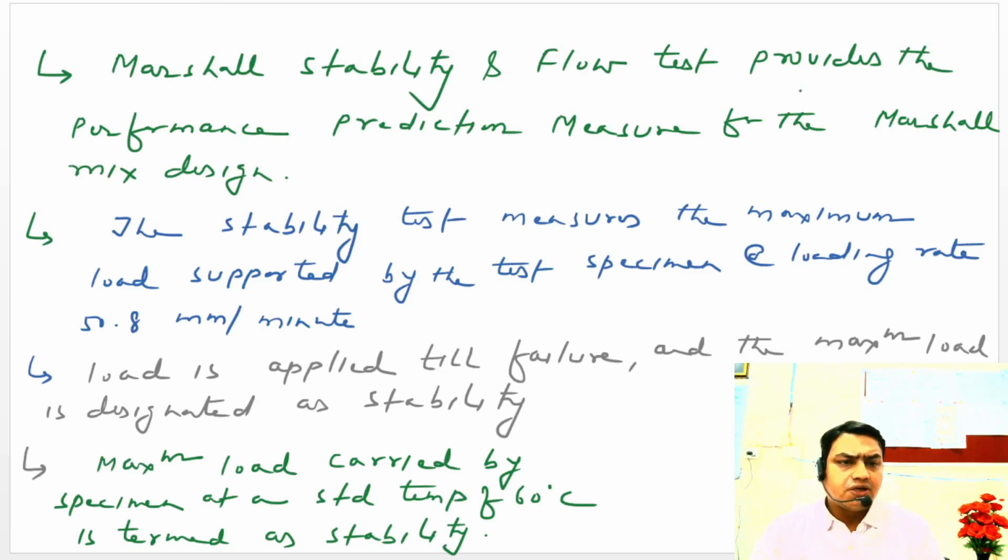The Marshall stability and flow test produces the performance prediction measure for the Marshall mix design. The stability test measures the maximum load supported by the specimen at a loading rate of 50.8 mm per minute, and load is applied till failure, and the maximum load is designated as the stability value, generally represented in kg.